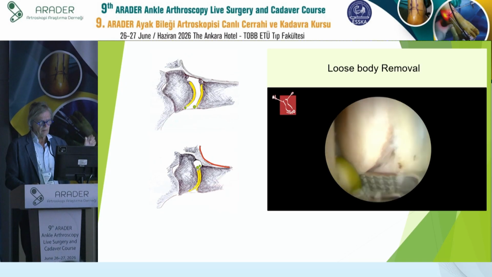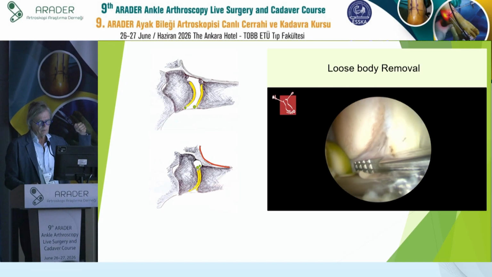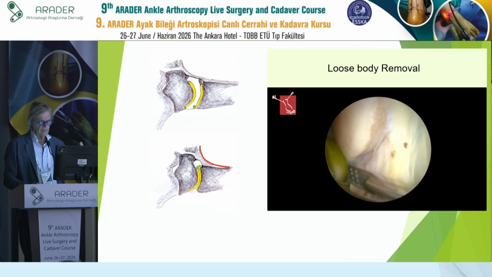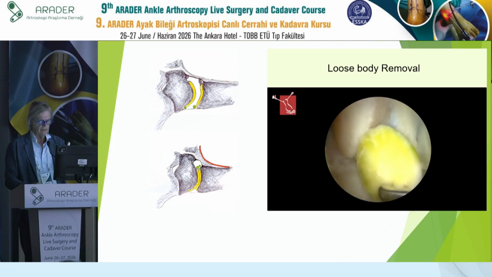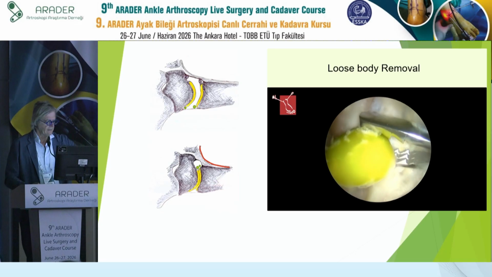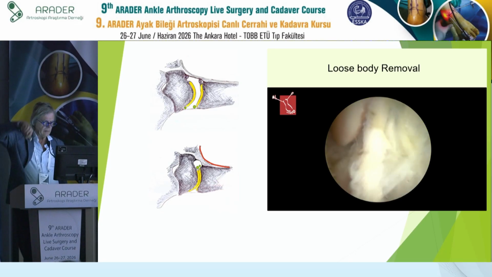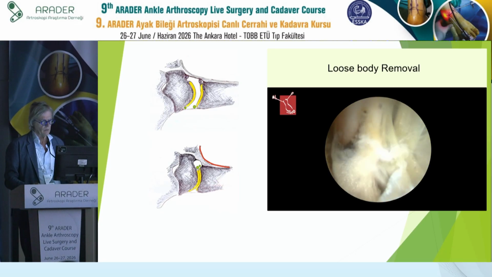Because if you grab it in the middle, it gets lost in the portal. You have to grab it at one side or the other side. So like this is perfect. I'm at the lateral side, so I can take it out without losing it in the portal. Check before you take it out how you hold the loose body.